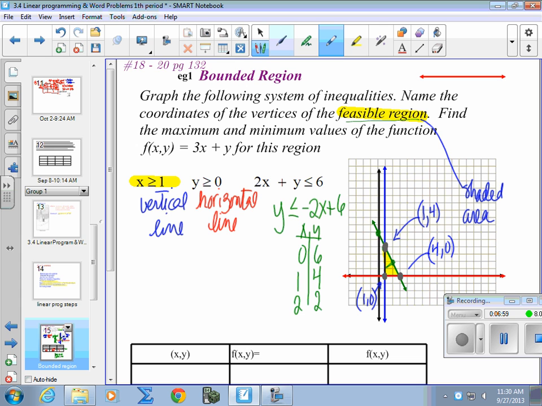Correct me if I'm wrong. Let's see. Yeah. 1, 2, 3. You're right. 3 and 0. Good. Thank you. What is 3 and 0? This point right here is 3 and 0. Can you see that point, Jack? Yeah.